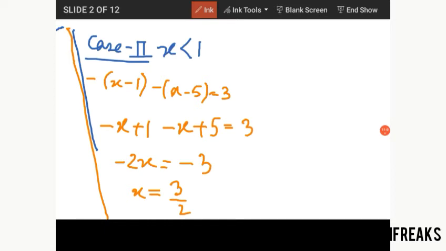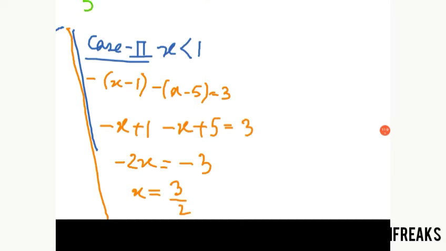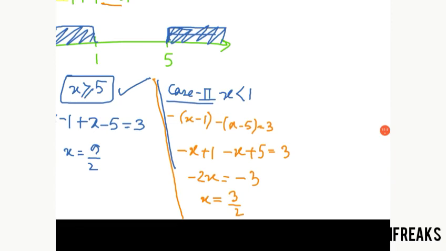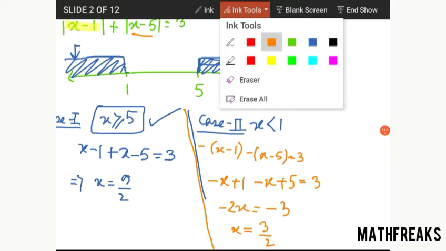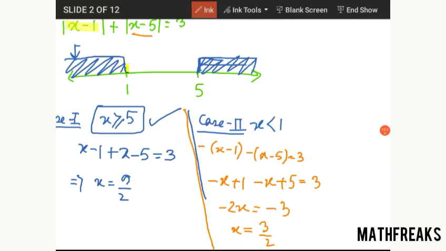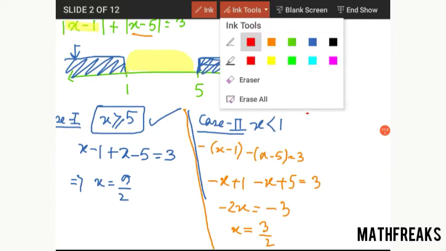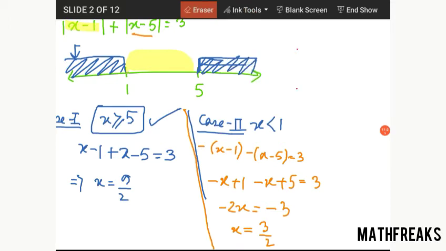Correct? Now let us move on to the third case, that is x is lying in this region. Now it is very important, this case is very important, this is the main case. Now how to take the condition for this case?